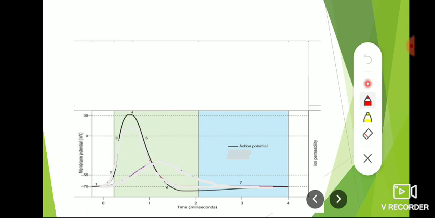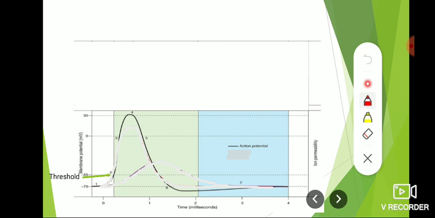In this diagram you can see the classic action potential of a nerve. This is the action potential of a nerve or any skeletal muscle. Now the first component, the threshold, is just at the beginning. Normally the resting state, as you can see here, is minus 70 millivolt for nerve, and minus 90 millivolt for skeletal muscle.